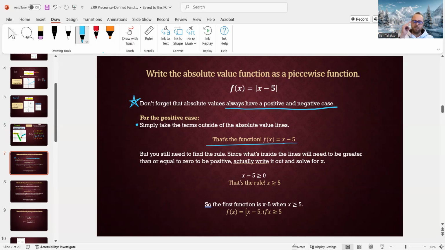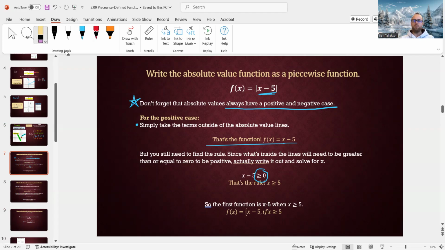And think about this carefully, since what's inside needs to be greater than or equal to 0 to be positive, we're going to take what's inside the absolute value sign, x minus 5, and we're going to set it greater than or equal to 0 because, like I said before, that means positive, right?